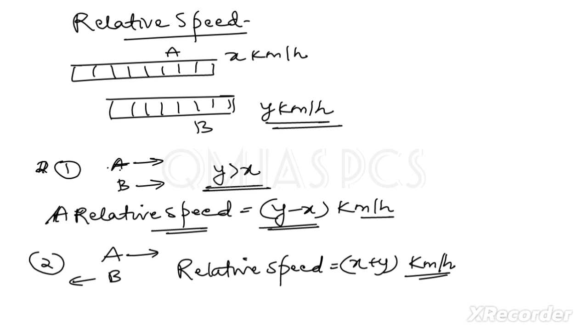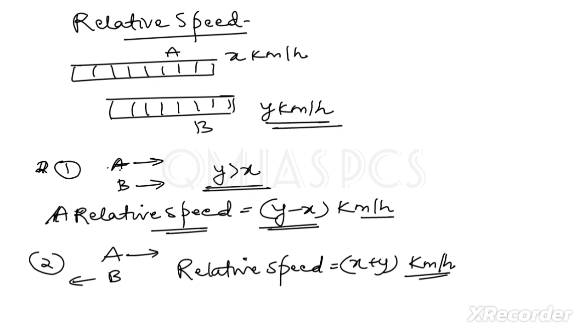Obviously, that faster train is traveling with more speed. That's why that train is overtaking your train. Getting my point? In the second condition, when both trains are moving in the opposite direction, it will seem to go faster.